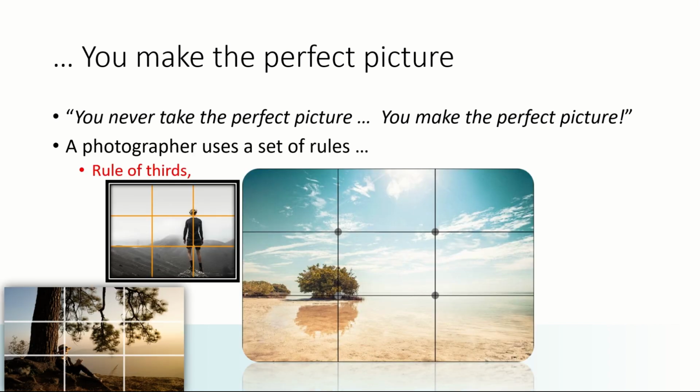So we're going to start off with probably the grandfather of all rules, which is universally referred to as the rule of thirds, because very often rules after this have many different names depending on who's referring to it, and different people have their own names for some of the rules.